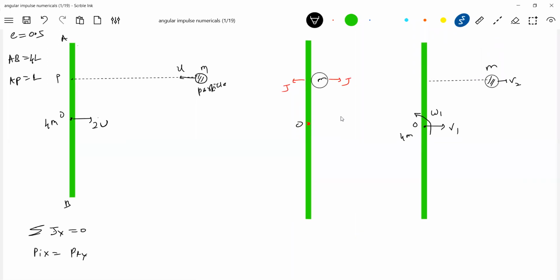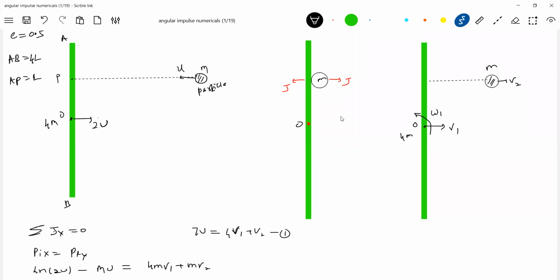What is initial momentum? 4m times 2u minus mu should be equal to finally 4mv1 plus mv2. Solving this, 8u minus 7u is equal to 4v1 plus v2. This is equation 1. What else? Any other equation?